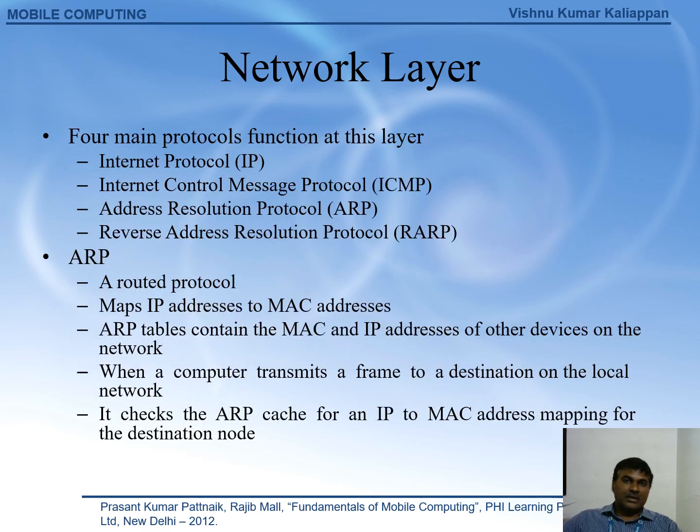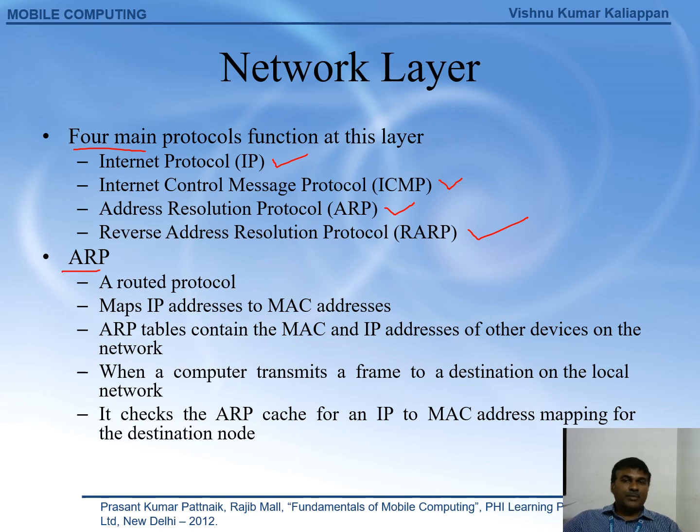That is the main responsibility of this network layer. The network layer has four main protocols: Internet Protocol, Internet Control Message Protocol (ICMP), ARP (Address Resolution Protocol), and Reverse Address Resolution Protocol. These are the primary protocols used in this layer to transfer the information.